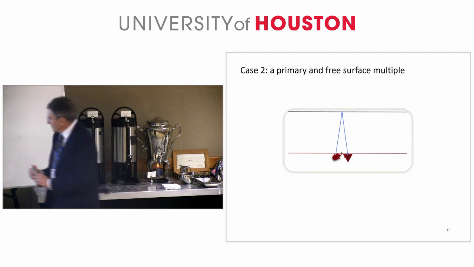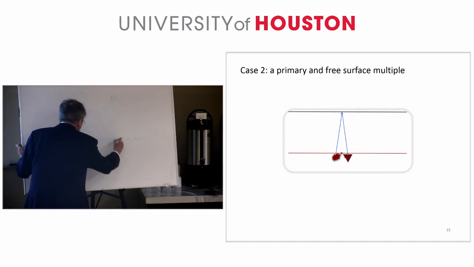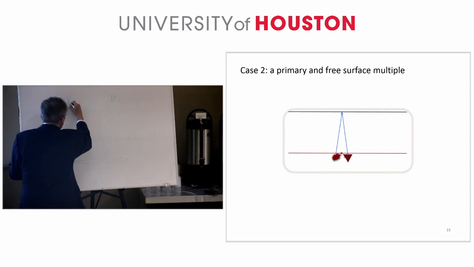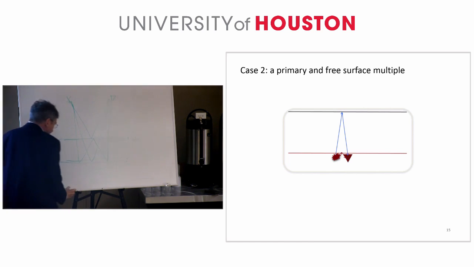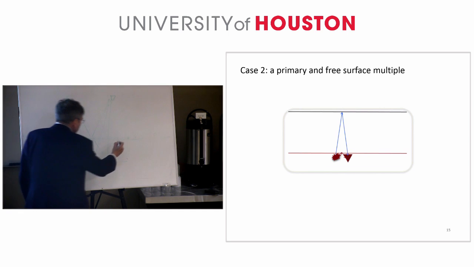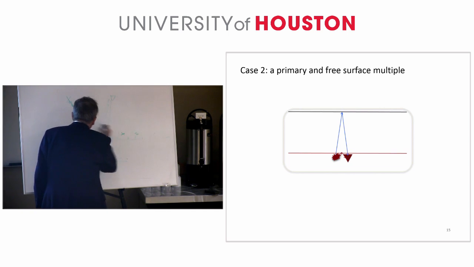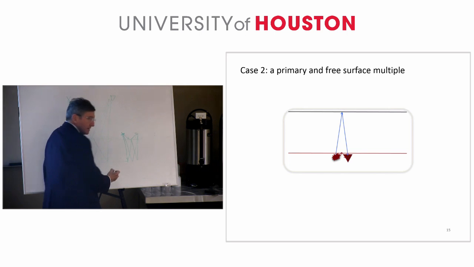Yes? So, in other words, here's two of these, and here's a source and receiver. So you have this primary, and then you look at this internal multiple. Let's say. When you move it down to here, this primary becomes this primary, and the internal multiple is this, and this primary is here.